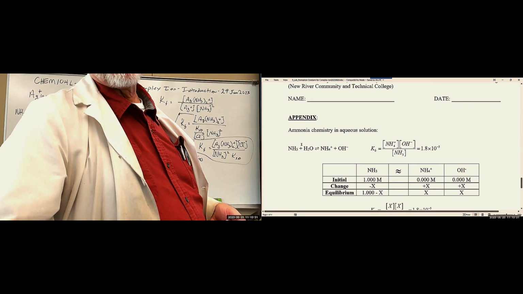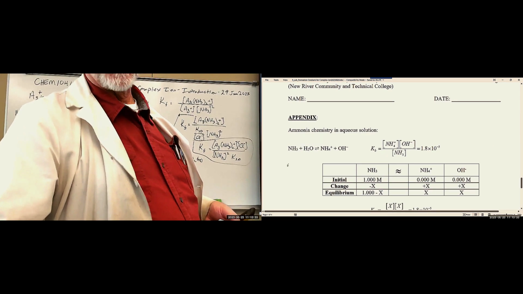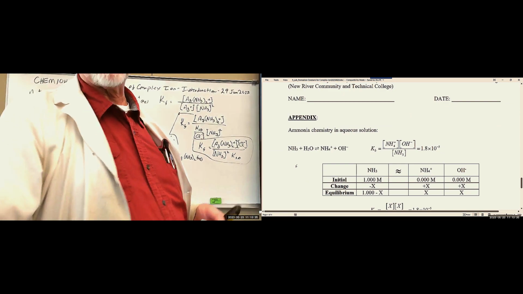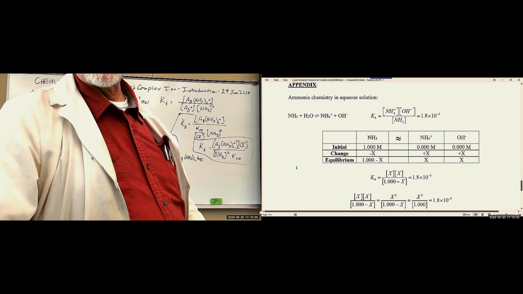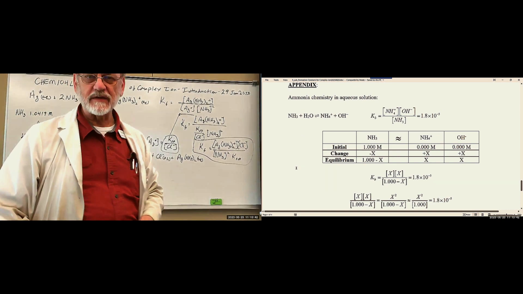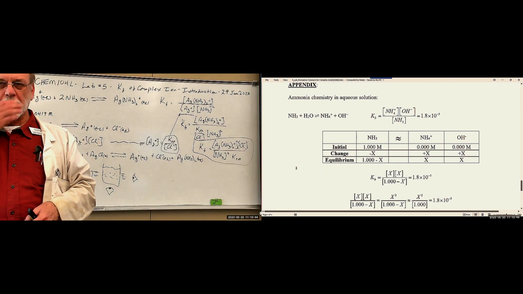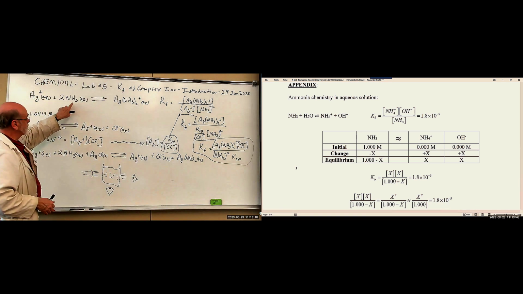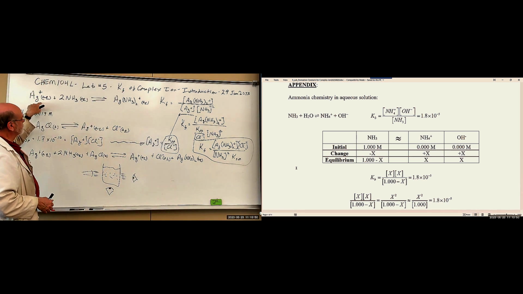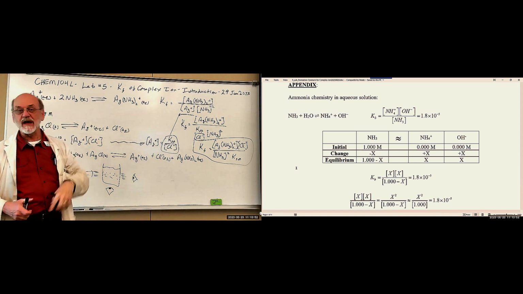This appendix, you don't have to worry about this appendix. What I've done in the appendix is just prove to myself and prove to posterity that when you put 1 molar ammonia in solution, that most of it is ammonia. Because ammonia will complex silver, but ammonium will not.